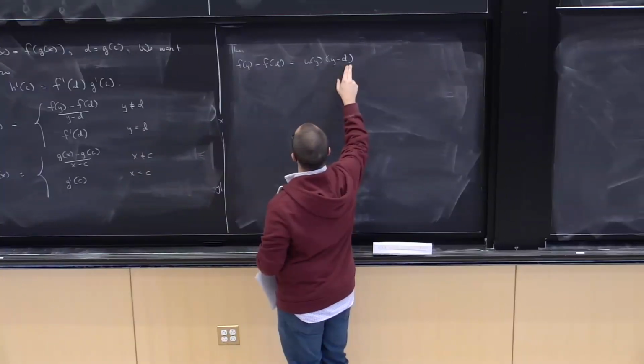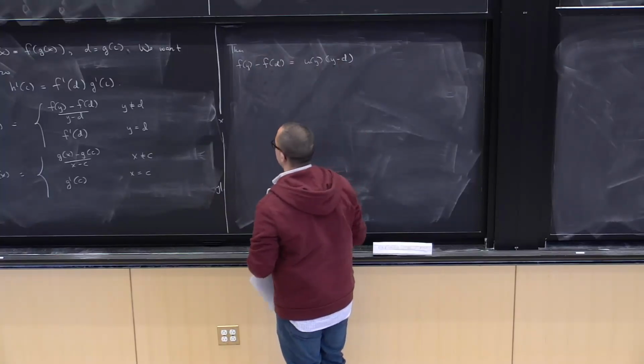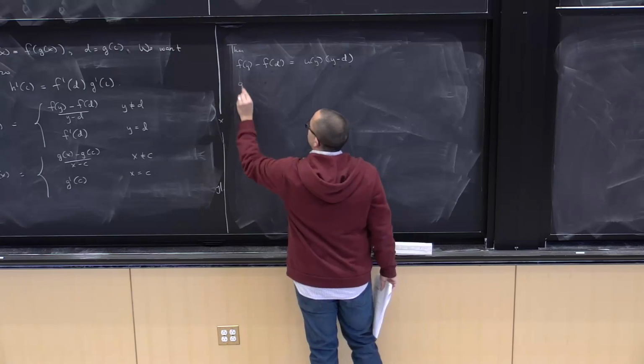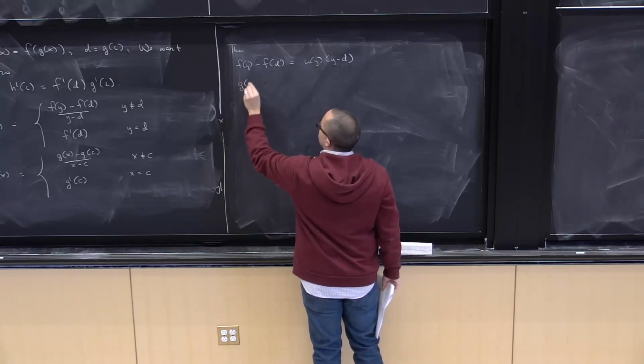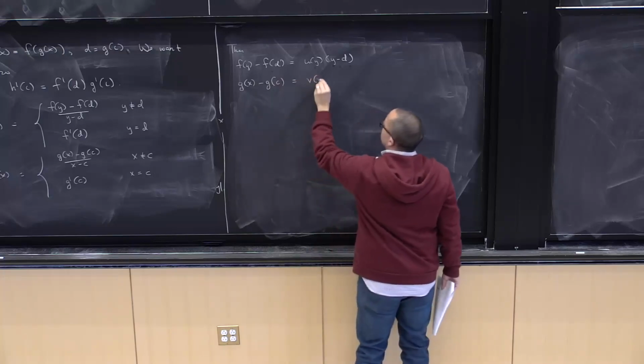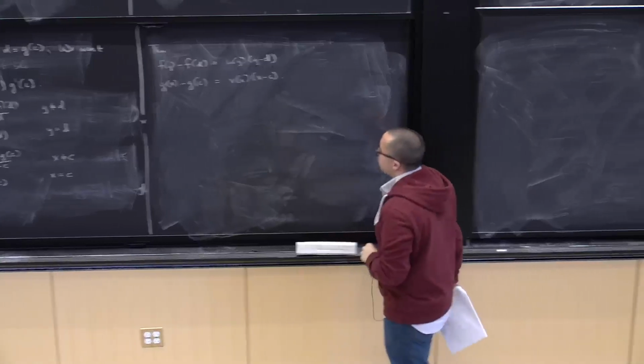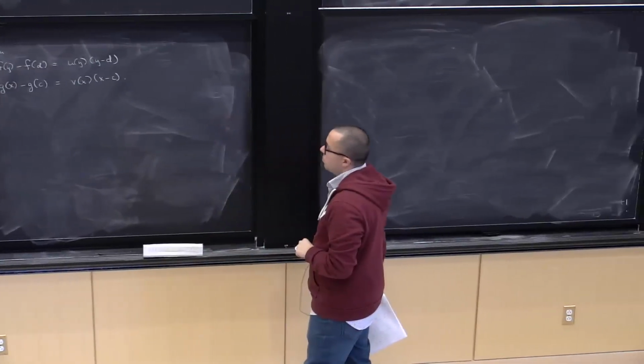And when y equals d, I get 0 here and 0 over here, so that's clear. And also the same here, g of x minus g of c equals v of x times x minus c. Okay?